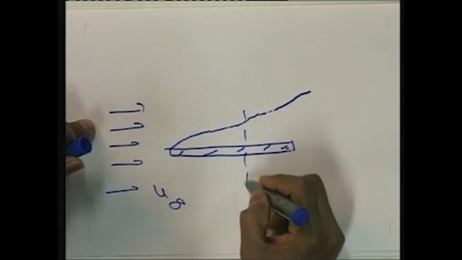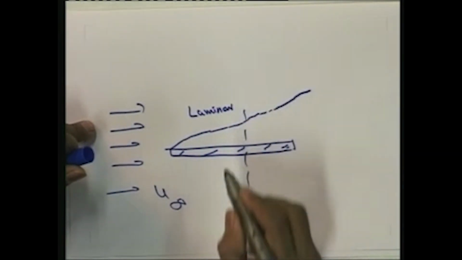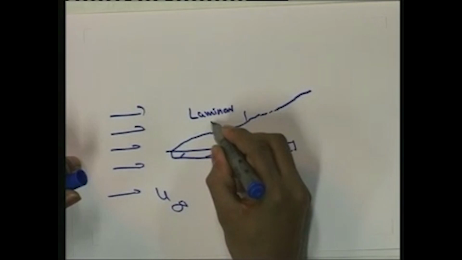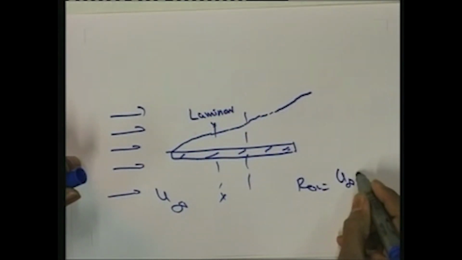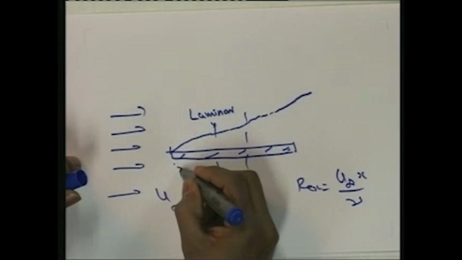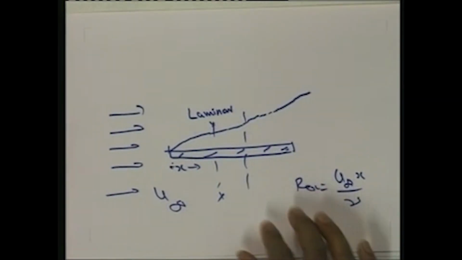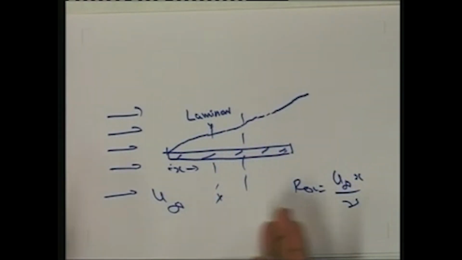This is the region where it is laminar. At various locations x we can define the Reynolds number Rex as u infinity into x by the kinematic viscosity nu. If you define x from here, at various locations we can define the Reynolds number, and with respect to this we can identify where the transition from laminar to turbulent starts.